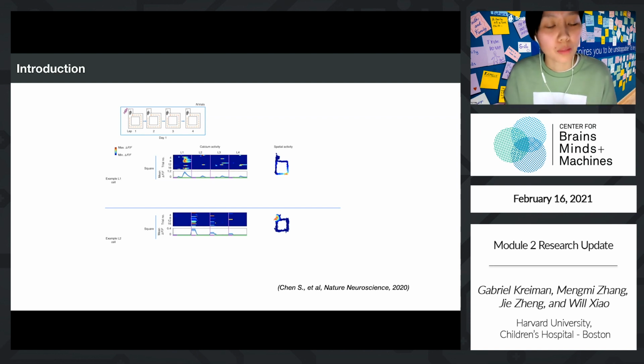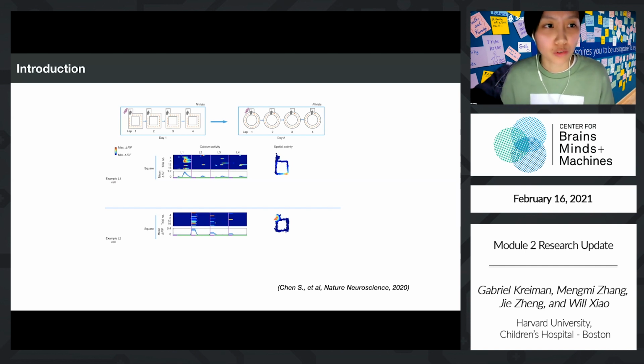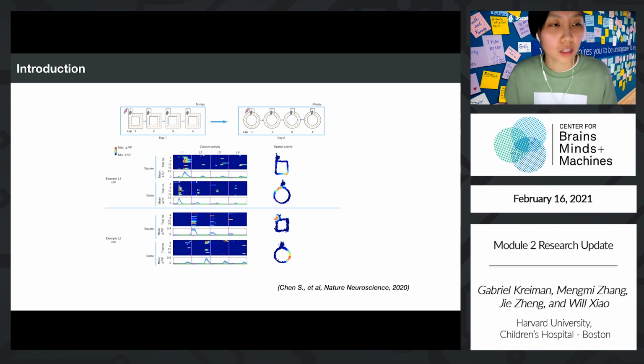They found neurons in the hippocampal network that increased their response strongly to a specific lap, irrespective of spatial location. Moreover, this lap-specific rate remapping phenomenon was highly transferable, because when they put the same rat from the square maze into a different spatial maze, the circle maze here, these neurons consistently showed rate remapping to the specific laps, irrespective of the spatial changes.